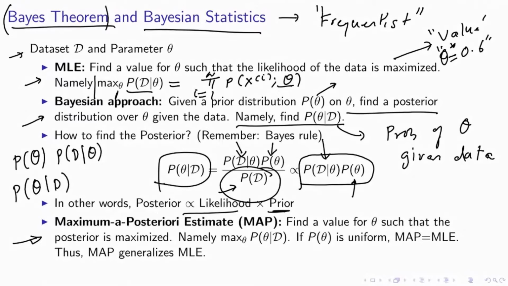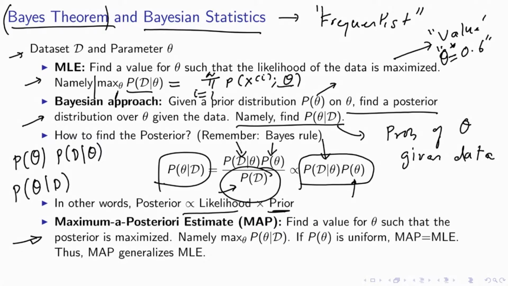In the Bayesian approach, and sometimes it's also called the fully Bayesian approach, you're not getting just one parameter. The output of the Bayesian approach is a posterior distribution, which is a distribution on all values of theta.